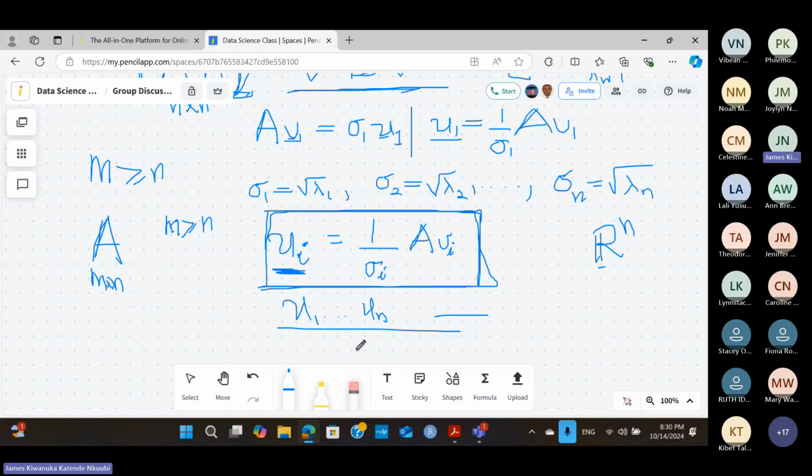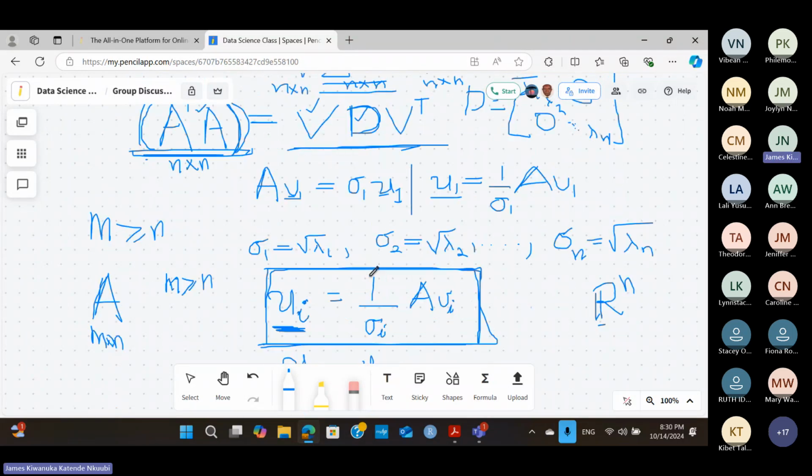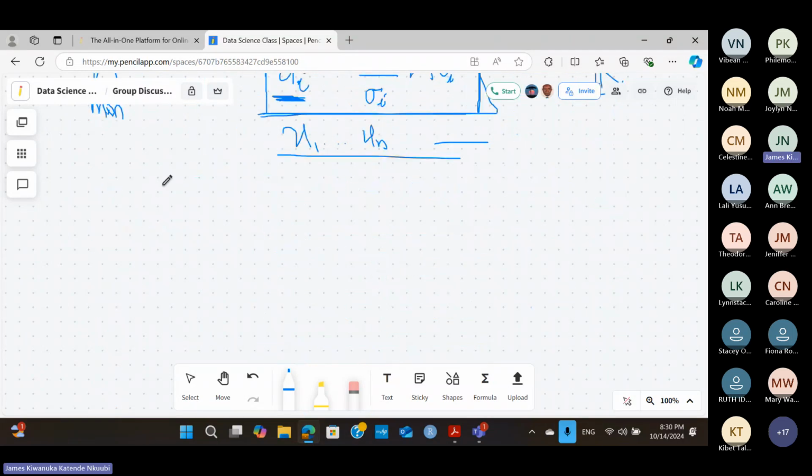And I've also not shown you how to extend the vectors. But there's a way you can get the full SVD. Instead of getting A transpose A, you can also get A A transpose, and I think this will change.